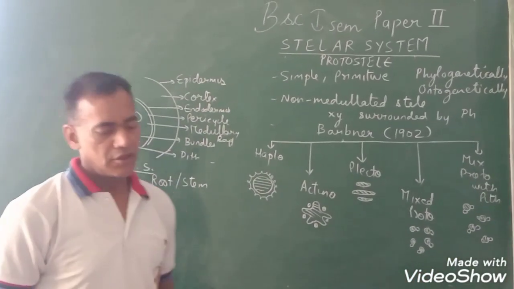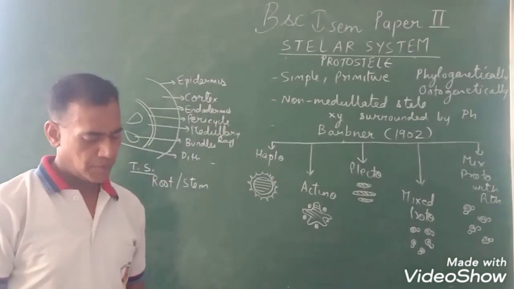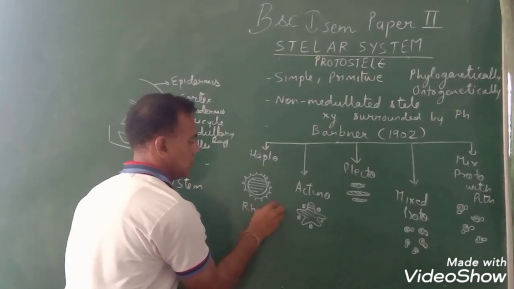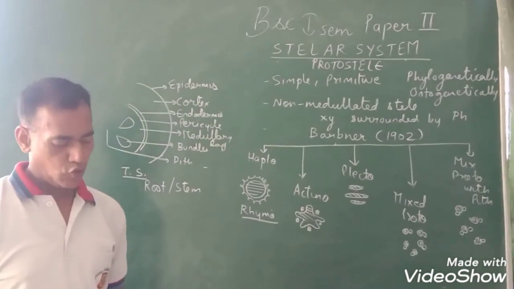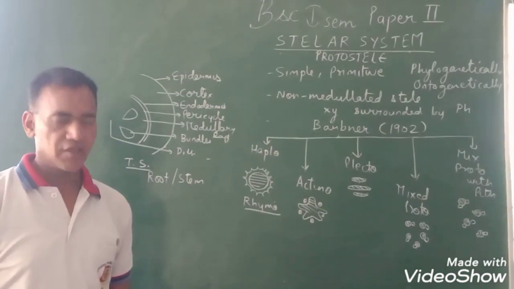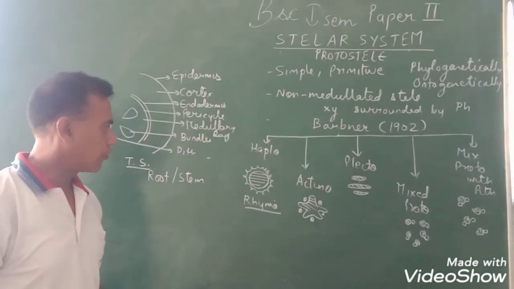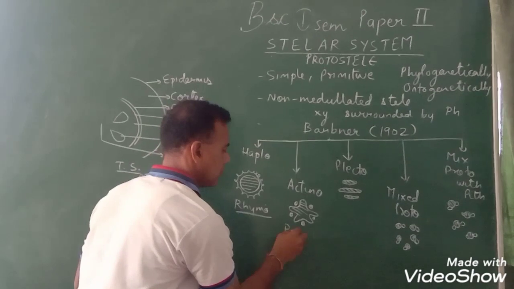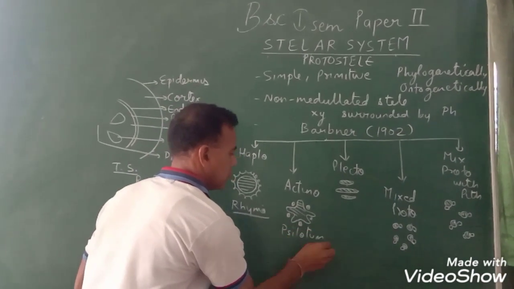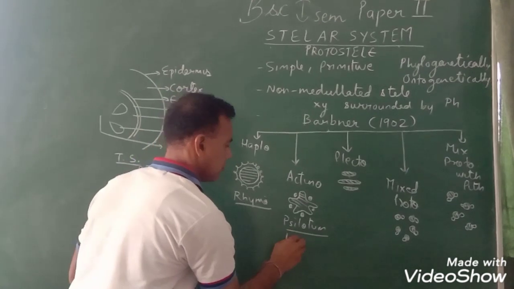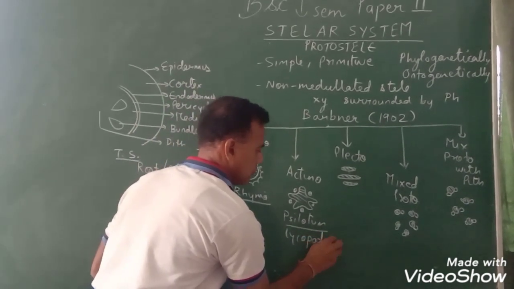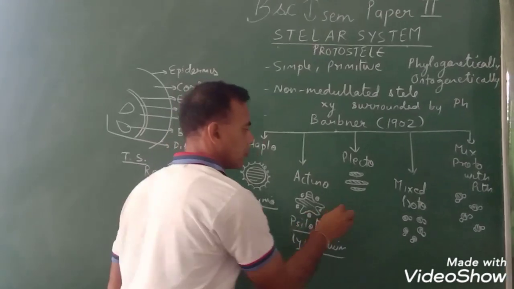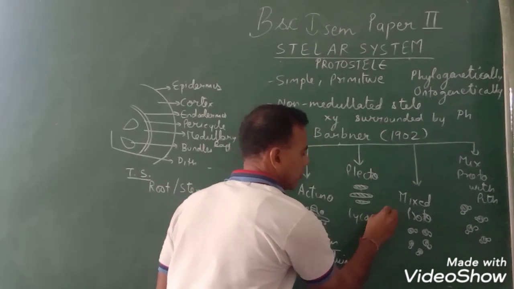The haplostele is found in plants like Rhynia, Horneophyton, Cooksonia, Psilotum, Selaginella, Lycopodium. Actinostele is very common in Psilotum, Lycopodium. Plectostele is common in some species of Lycopodium, like Lycopodium clavatum.